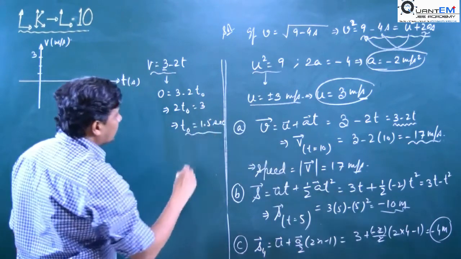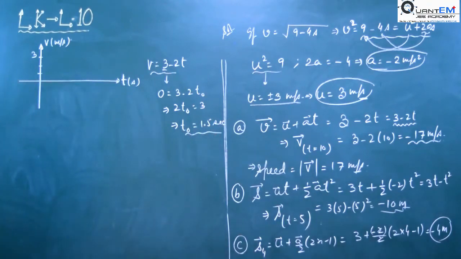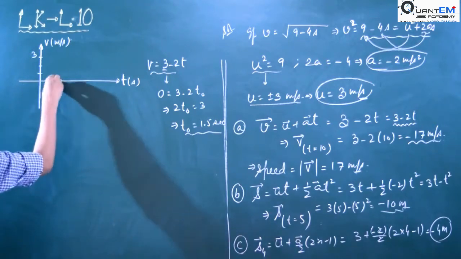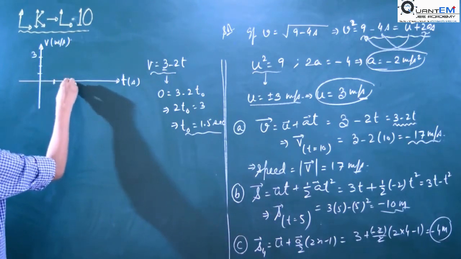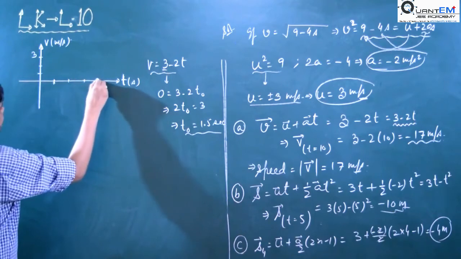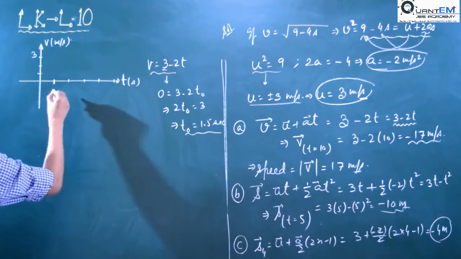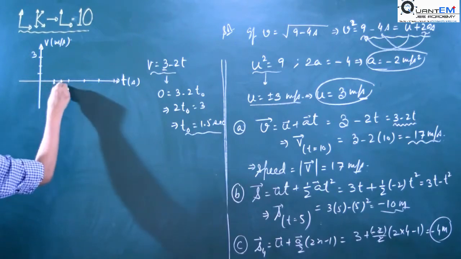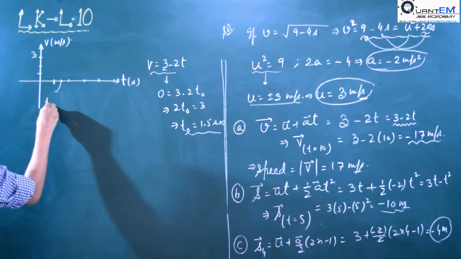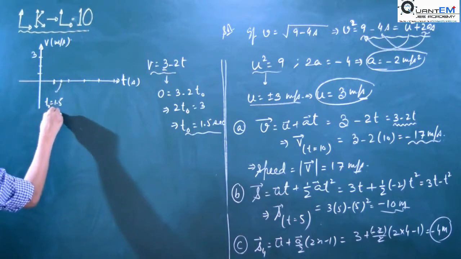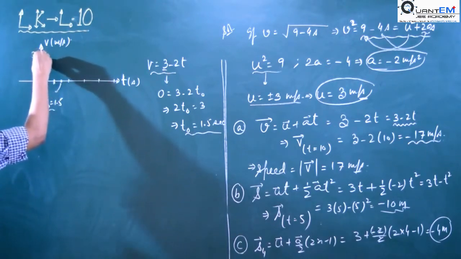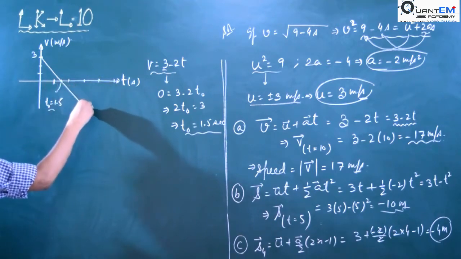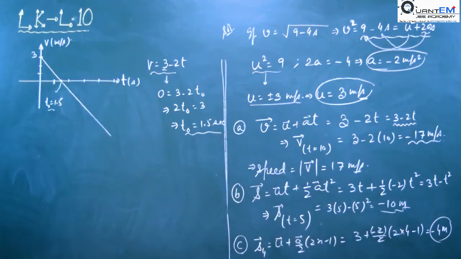So at the end of 1.5 second, the velocity of the particle becomes 0. So 1 second, 2 second, 3 second, 4 second, 5 second. This time is 1.5. So draw the graph like this. Join these 2 points and draw the velocity time graph.